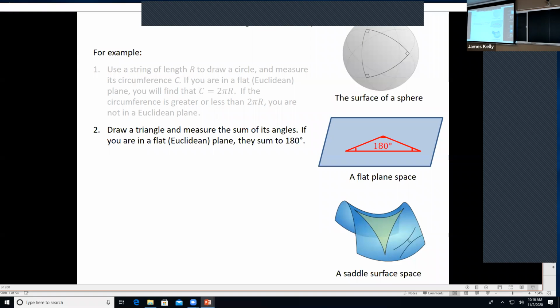Another theorem of Euclidean geometry: the sum of the angles in a triangle is 180 degrees. Well, that's true in a Euclidean plane, the flat space that we see there. You add up the angle measures, and you'll see they sum to 180 degrees. Whereas on the surface of a sphere, if you look at the angles in the triangle that's drawn here, maybe if this were in a flat plane, these would be equal, 60 degree angles.